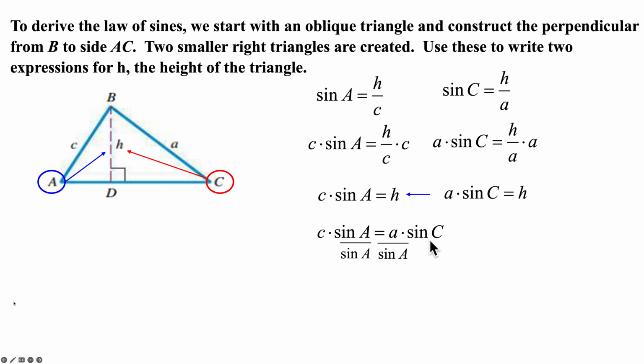So there's that division. And then over on the right, I'm going to divide sine of C away from the right and move that over to the left. Remember, we're trying to create a proportion, one fraction equal to another fraction. So go ahead and cross out your sine A's, cross out your sine C's, and here's my proportion.